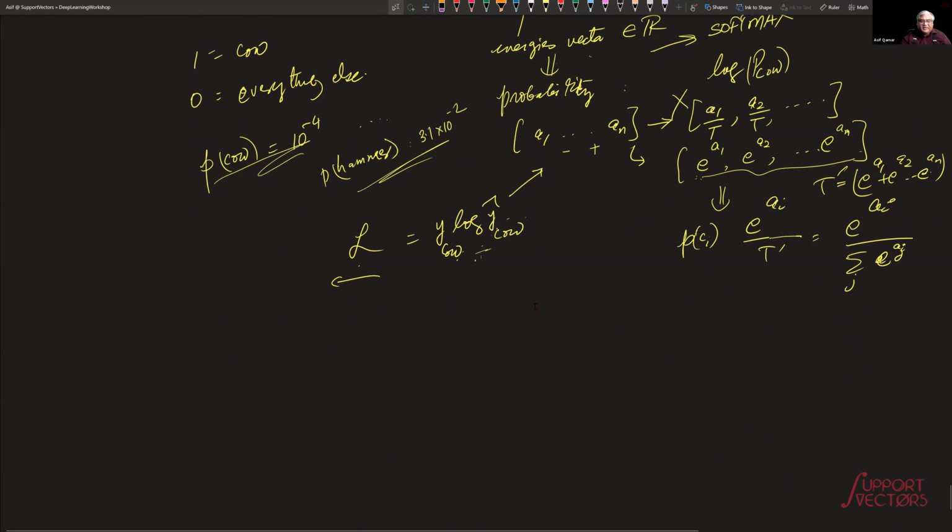And you just backpropagate. You fudge your weights in such a way that next time around, a cow looks a little bit more like a cow, right? So it may jump from a hammer to, let's say, a zebra, which is closer, then to a horse, and then maybe finally to a cow with luck, in a few iterations. So that is it.